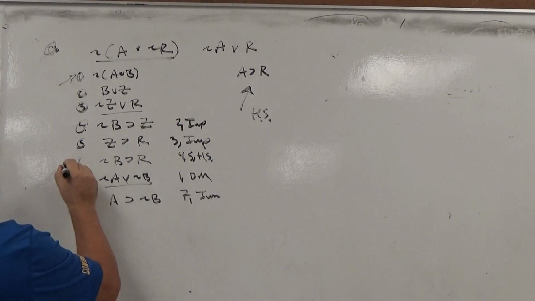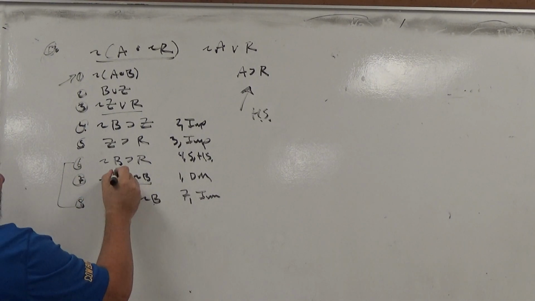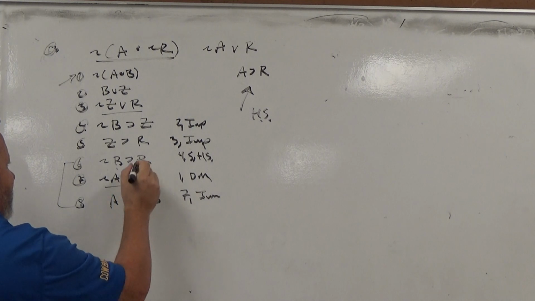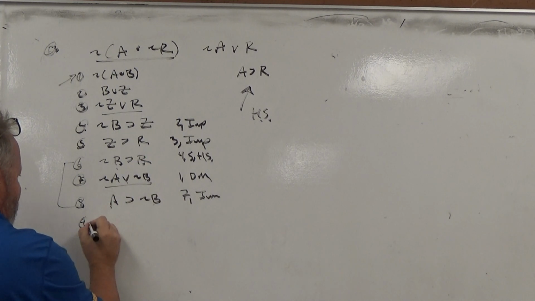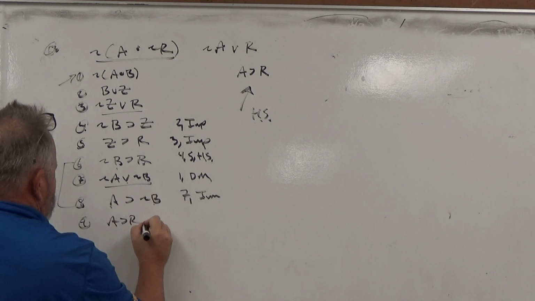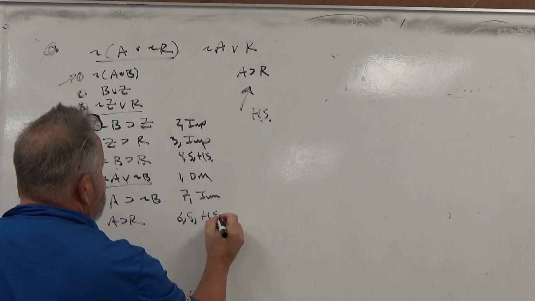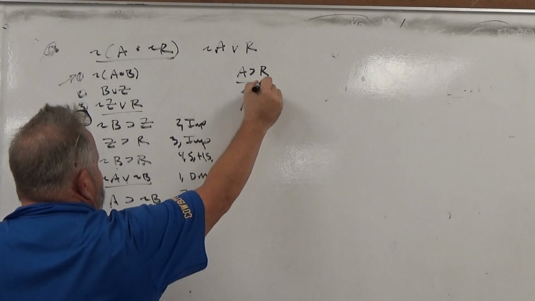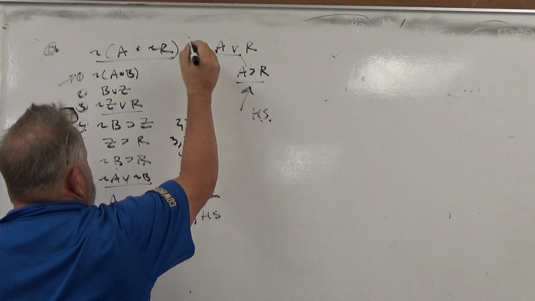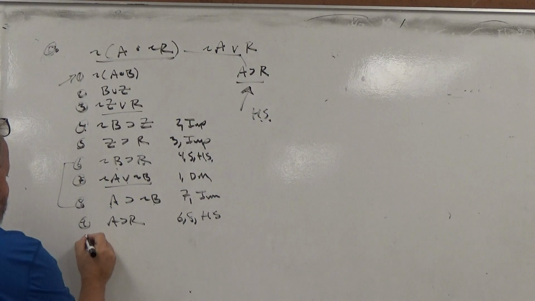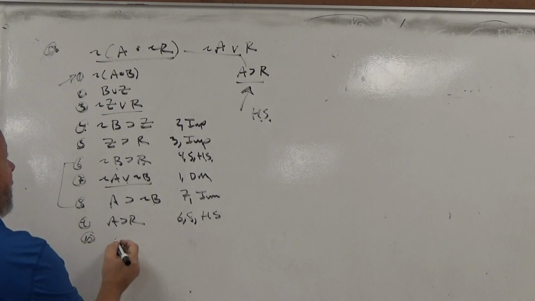Now look at 6 and 8. A then not B then R, so A then R by cutting out the middleman. A then R, 6 and 8, hypothetical syllogism. And I said once I got there, I could get back to this, which then I could get back to that. So let's head down that road.